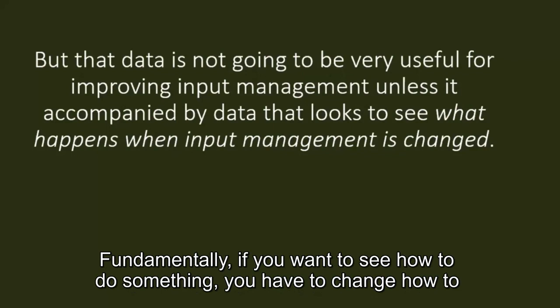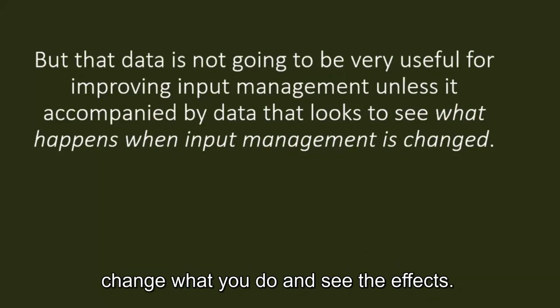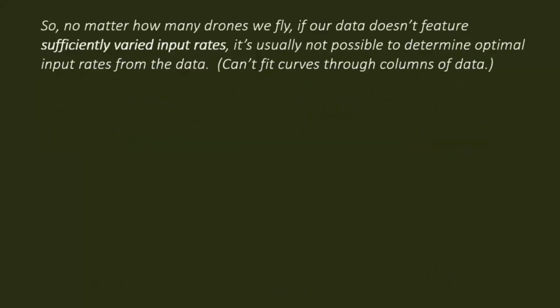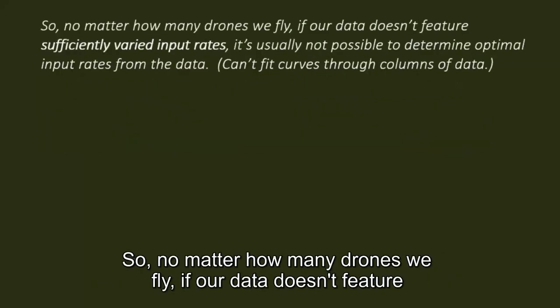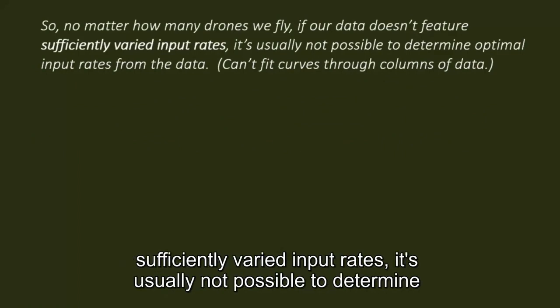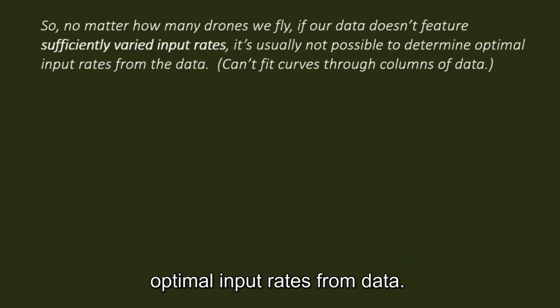Fundamentally, if you want to see how to do something, you have to change what you do and see the effects. So, no matter how many drones we fly, if our data doesn't feature sufficiently varied input rates, it's usually not possible to determine optimal input rates from data.